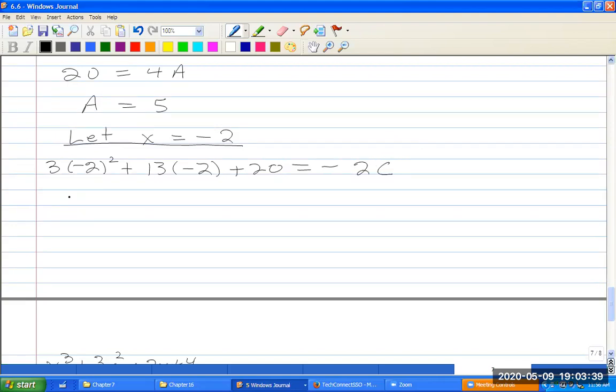And so I get 12 minus 26 plus 20. So I get 32 minus 26 is 6, is equal to negative 2c. And so c in this case is negative 3.